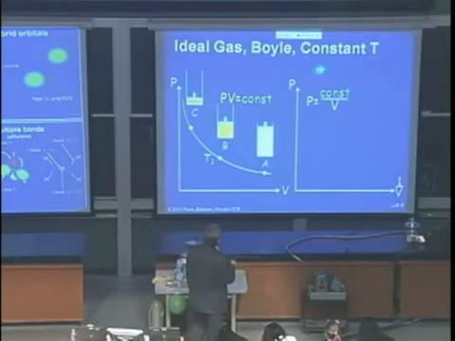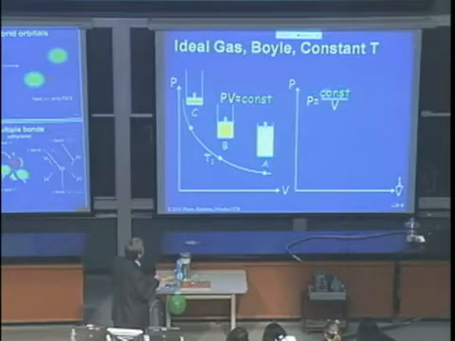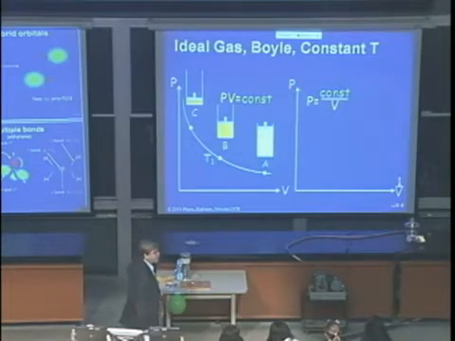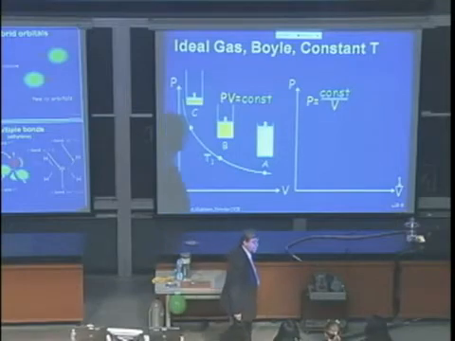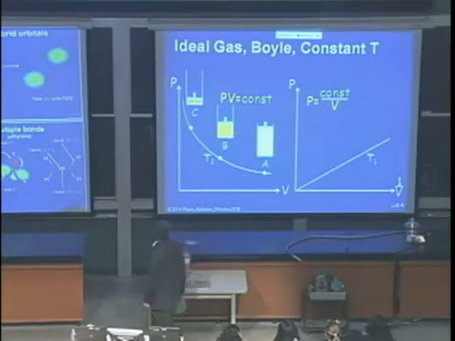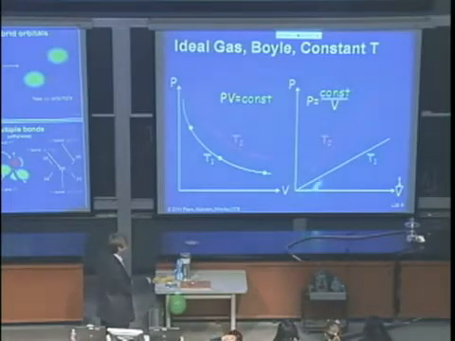Now, let's see what that constant is. We bring this V over here, then we have P equals a constant divided by V. So we plot 1 over V here and P here, and then we should have a straight line, and we know the slope of the straight line is that constant. This would be for temperature 1, and now you have a linear relationship, and you have a different constant for another temperature.